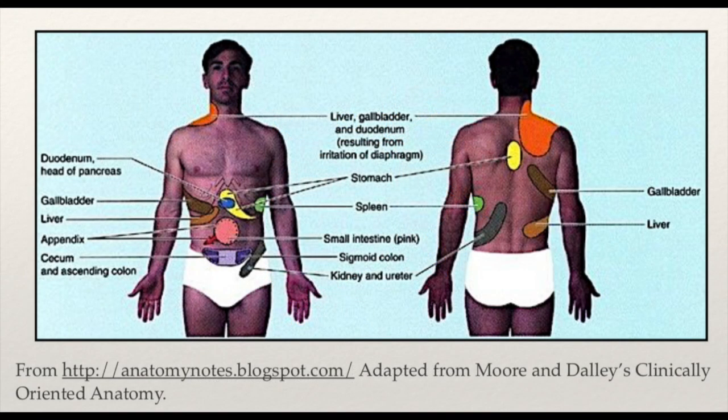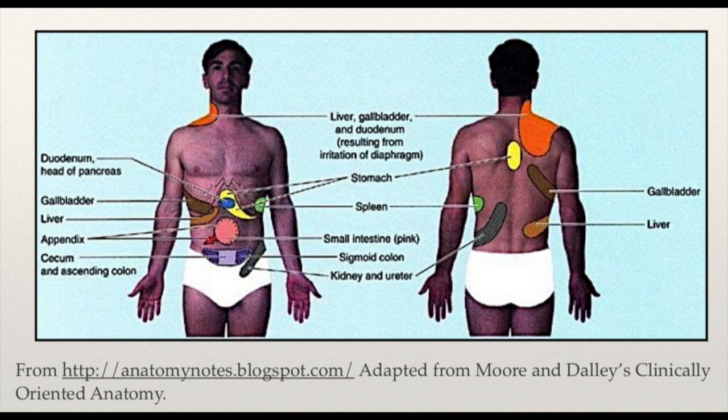Let's take a look at the next image where we see a diagram of referred pain here. And the orange areas in the neck and shoulder regions, these areas can become symptomatic and painful in cases of hepatitis or also when there's gallbladder inflammation. So what happens here then is that the diaphragm will become irritated.